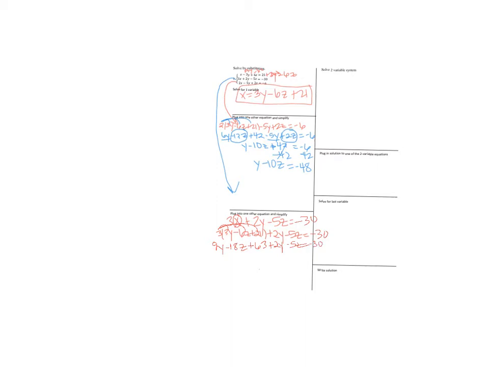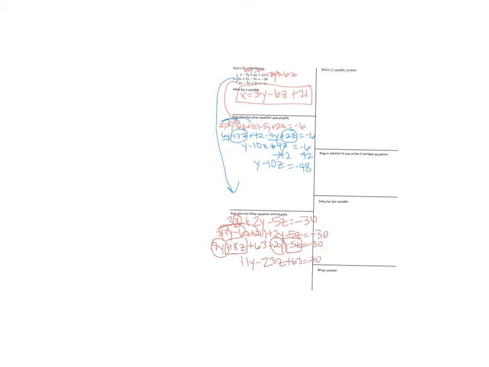Okay, so let's combine like terms again. 9y can combine with 2y, so that's 11y. Then I have negative 18z and negative 5z. That combines to negative 23z. And I still have this plus 63 here, which equals negative 30.